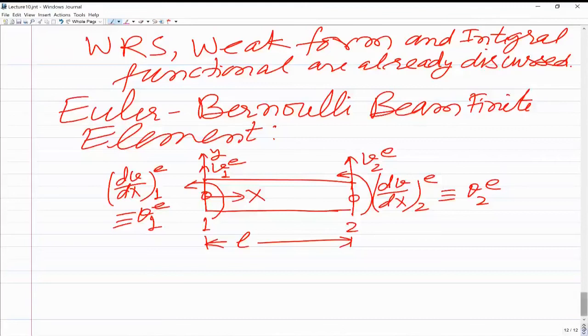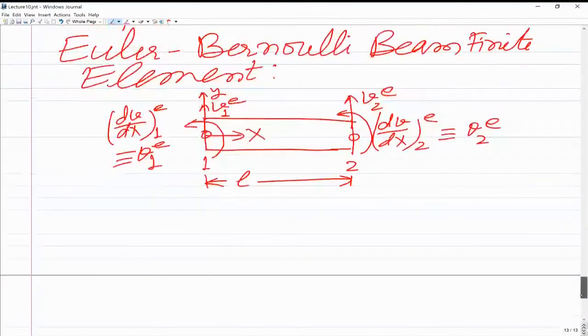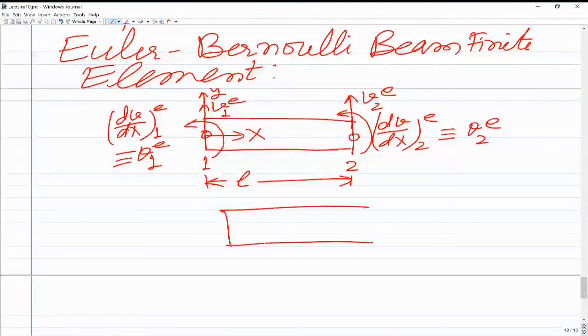Earlier, for the truss element, we had only a single nodal degree of freedom, but now we have 2 nodal degrees of freedom. In the same element, if we also want to show the forces, this is node 1 and this is node 2. There would be elements on the left and right, so there would be a shear force exerted by the element on the right side.